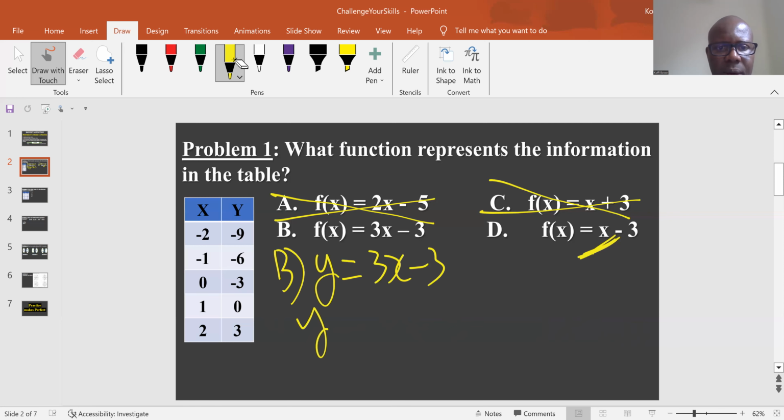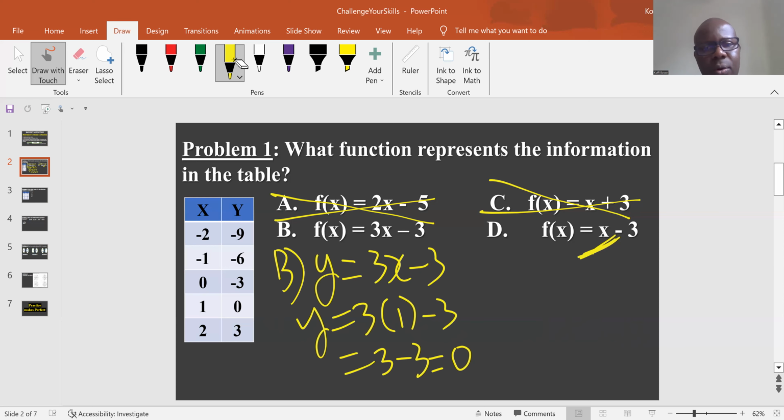If I replace x by 1, I will get 3 multiplied by 1 minus 3. 3 times 1 is 3. Minus 3 is 0. Yes, I have y equals 3x minus 3. I replace x by 1. So you have 3 multiplied by 1, which is 3. Minus 3 gives you 0. So far, that was for 1.